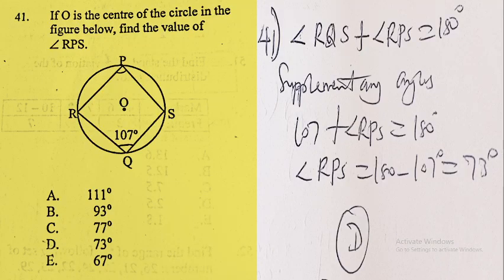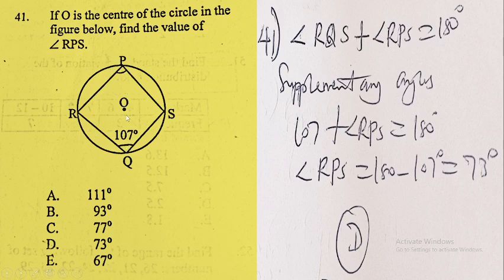Question number 41 is on circle geometry. If O is the center of the circle in the figure below, find the value of RPS, this angle here. So we know that this is a cyclic quadrilateral. We are having a quadrilateral inscribed in a circle. That's a cyclic quadrilateral. And we know that opposite interior angles of a cyclic quadrilateral are supplementary.